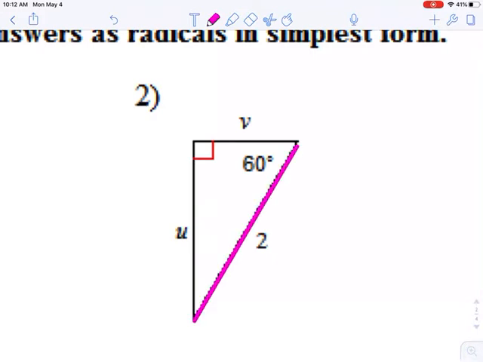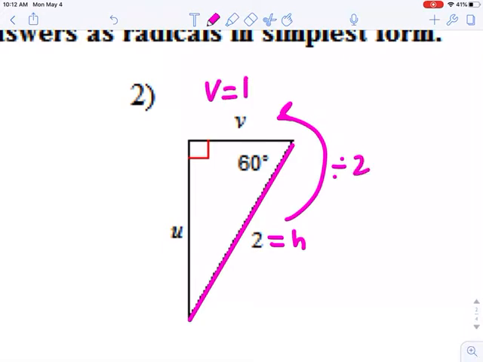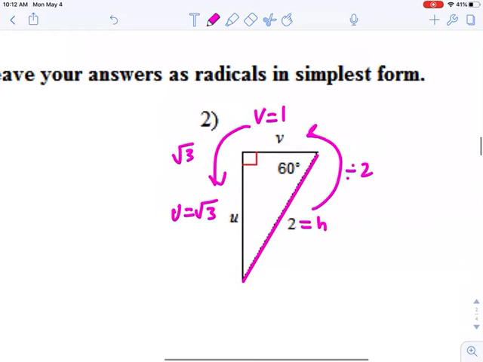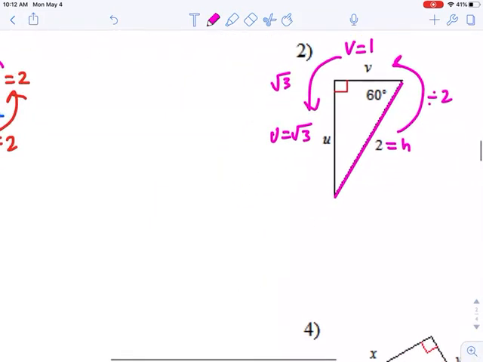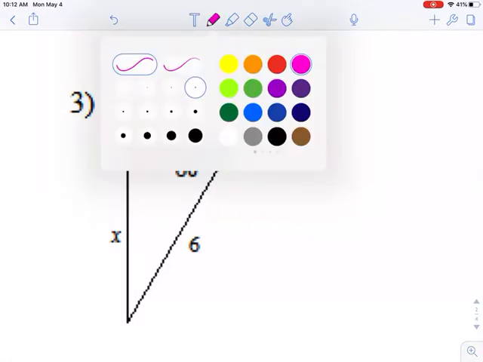Over here, again, given the hypotenuse, let's get the short leg ASAP. How do I do that? Divide by 2. So v equals 1. And then how do I get the long leg? You multiply by radical 3. And that's it. Okay.